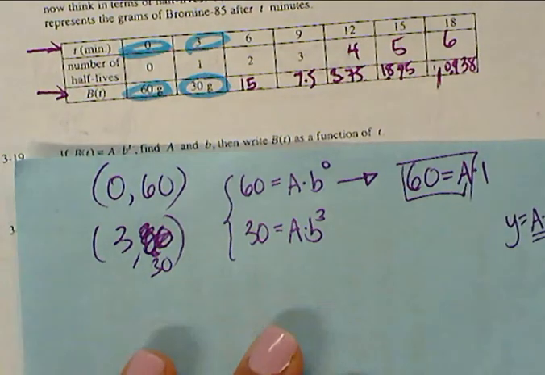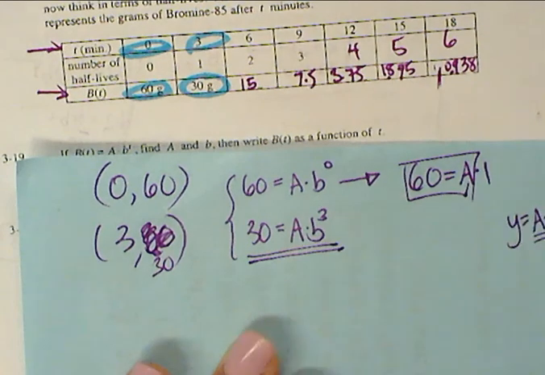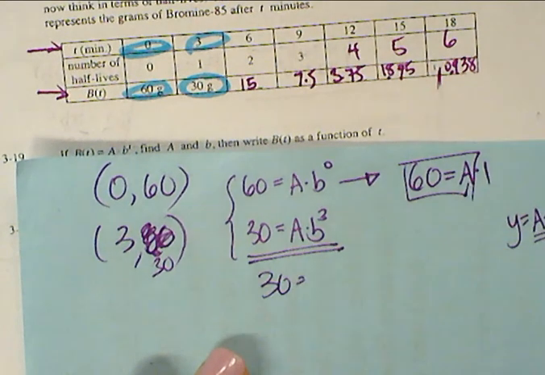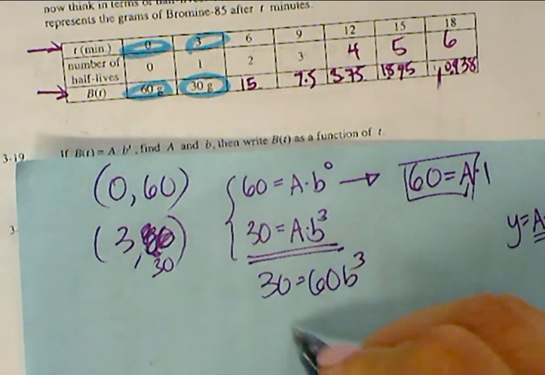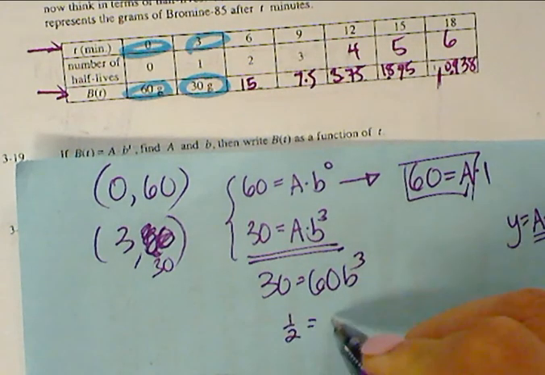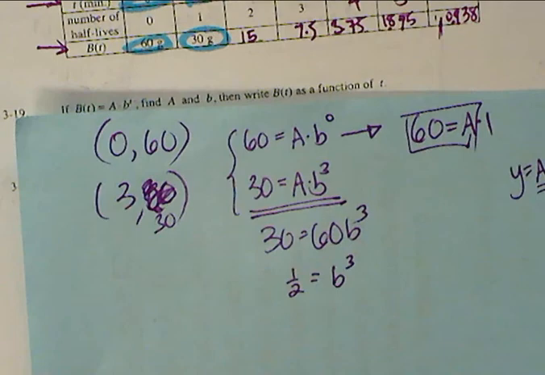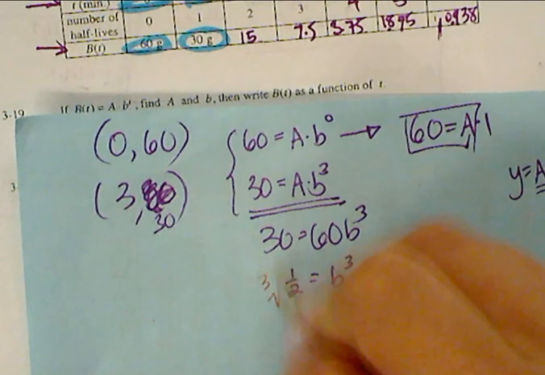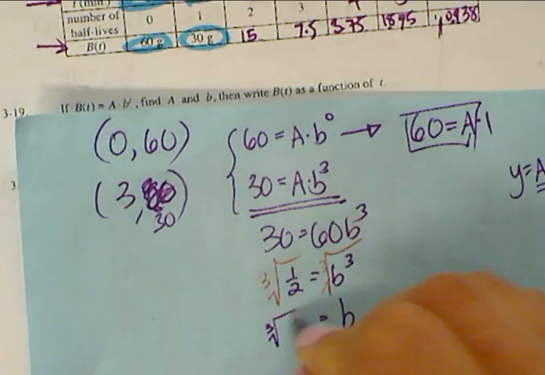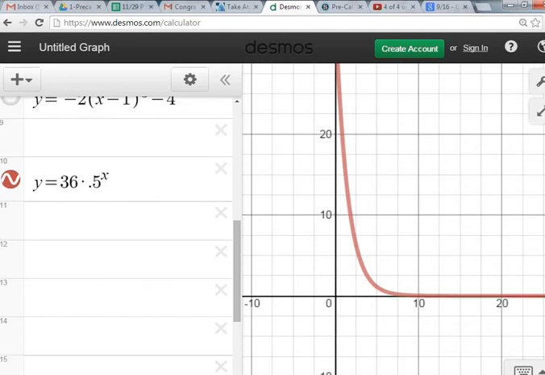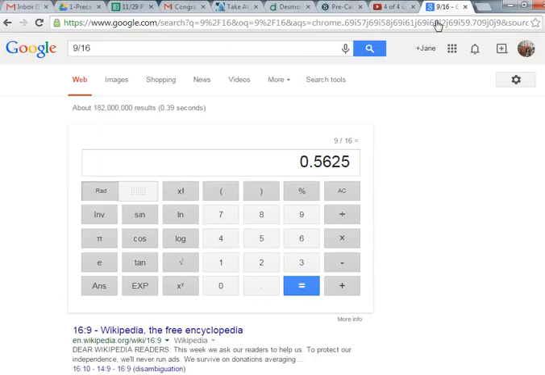30 divided by 60 is 1/2. And how do I get b by itself? Cube root. The cube root of b cubed is b. And what's the cube root of 1/2? When it comes to science, actually having decimals is good. So 0.5 to the 1/3.